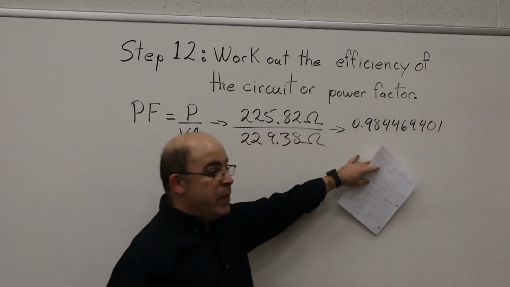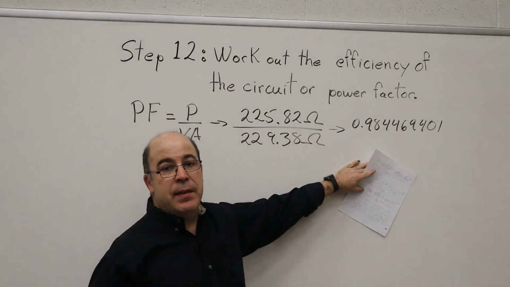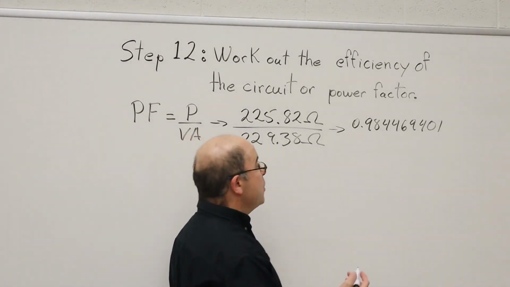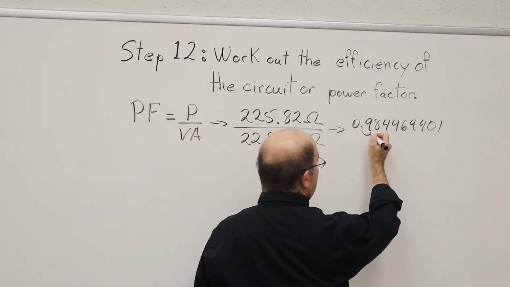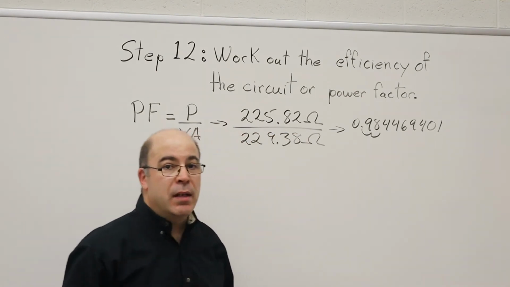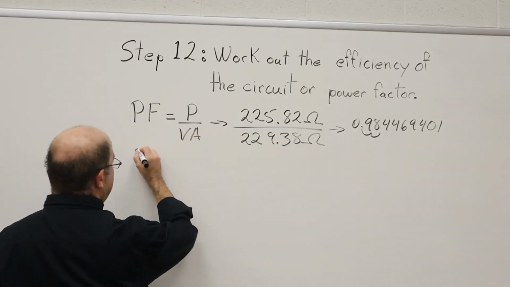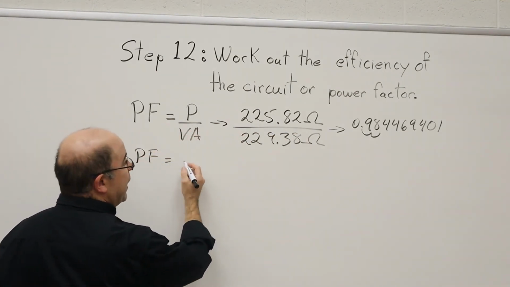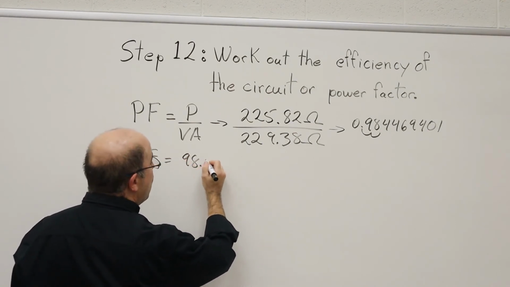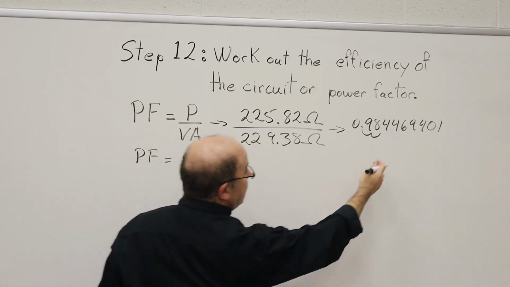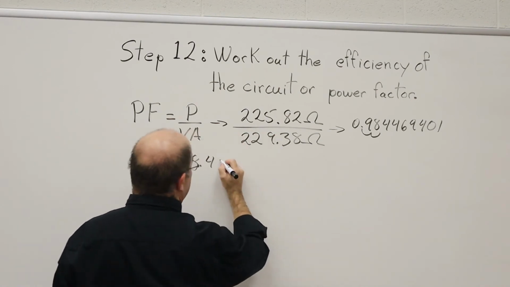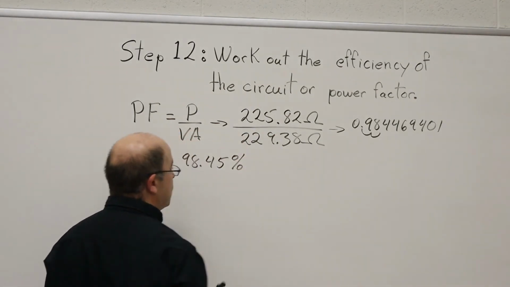Now, this is going to be expressed as a percentage, but how I do it is I just move the decimal 2 places to the right, and I will just proceed to write out power factor is 98.4, so we're going to round up to 98.45%.